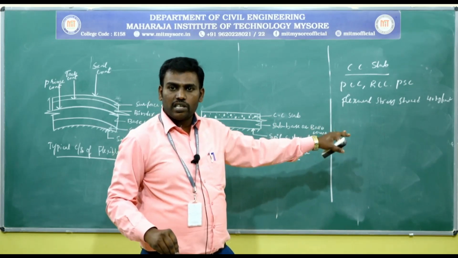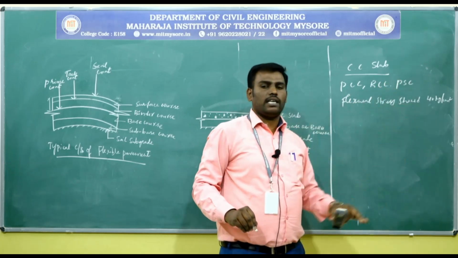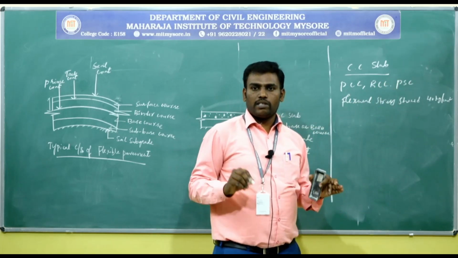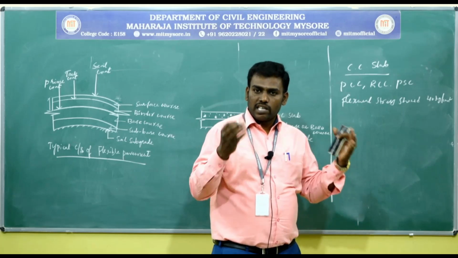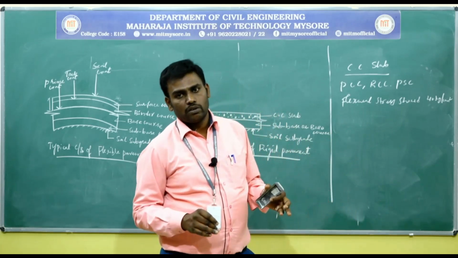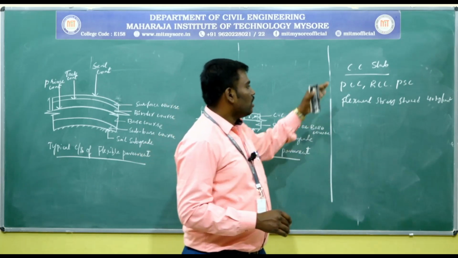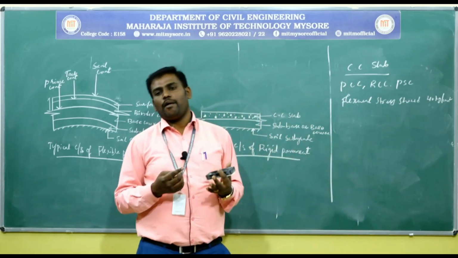At least the flexural strength of concrete, it may be PCC or RCC, PSC, anything. The flexural stress of concrete should be at least 40 kg per centimeter square. Is it clear? And what is the function of CC slab?